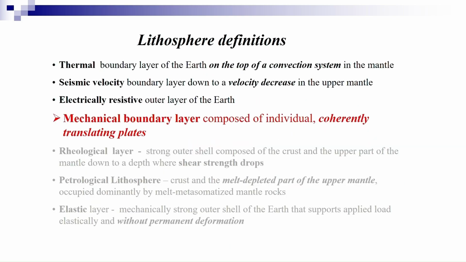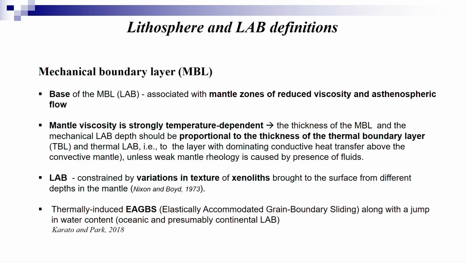Lithosphere definition as a mechanical boundary layer assumes the lithosphere is composed of individual coherently translating plates. The base of the mechanical boundary layer is associated with zones of reduced viscosity in the upper mantle and asthenospheric flow. Mantle viscosity is strongly temperature dependent.